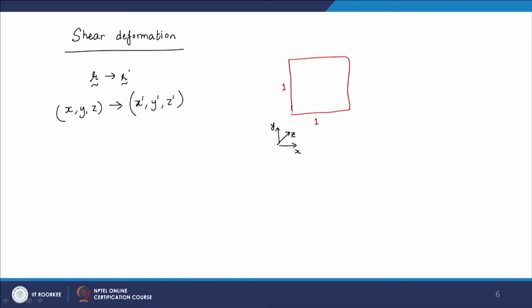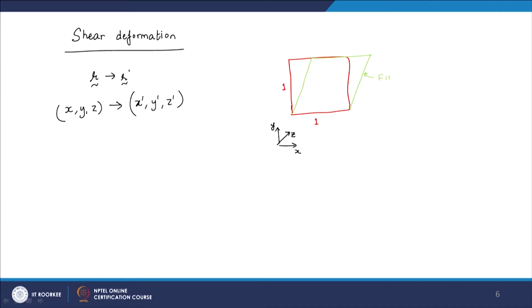It is also unit in z direction, unit in x, unit in y, and we apply a shear deformation along the xy plane, and then this material deforms to something like this.